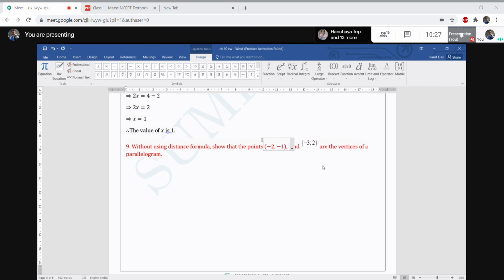Let me know one or two properties of a parallelogram. Write down in the chat box any two properties of a parallelogram. In class 9, 10 we learned the parallelogram. Any two properties.